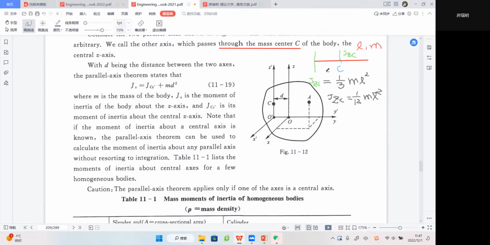So we can check the parallel axis theorem. The distance between these two axes is L over 2, right?